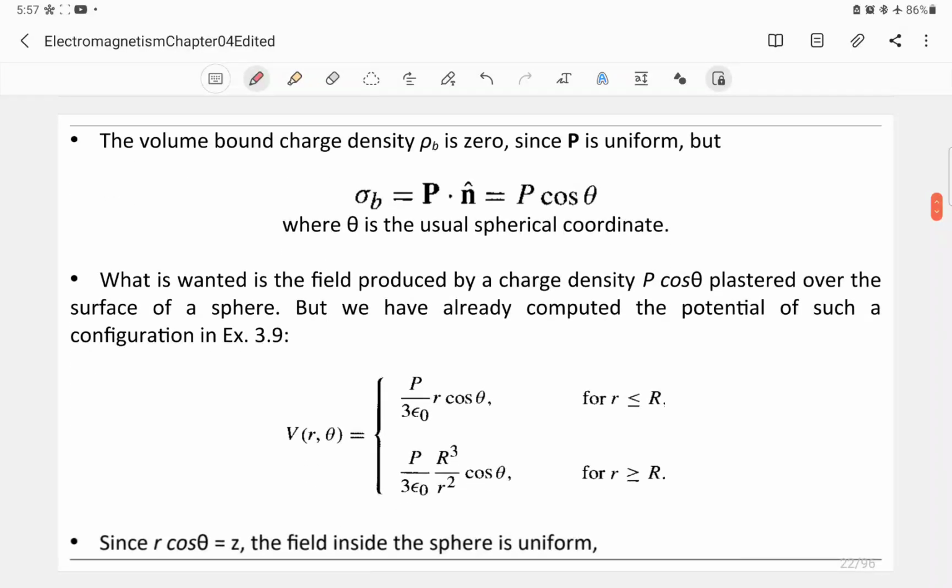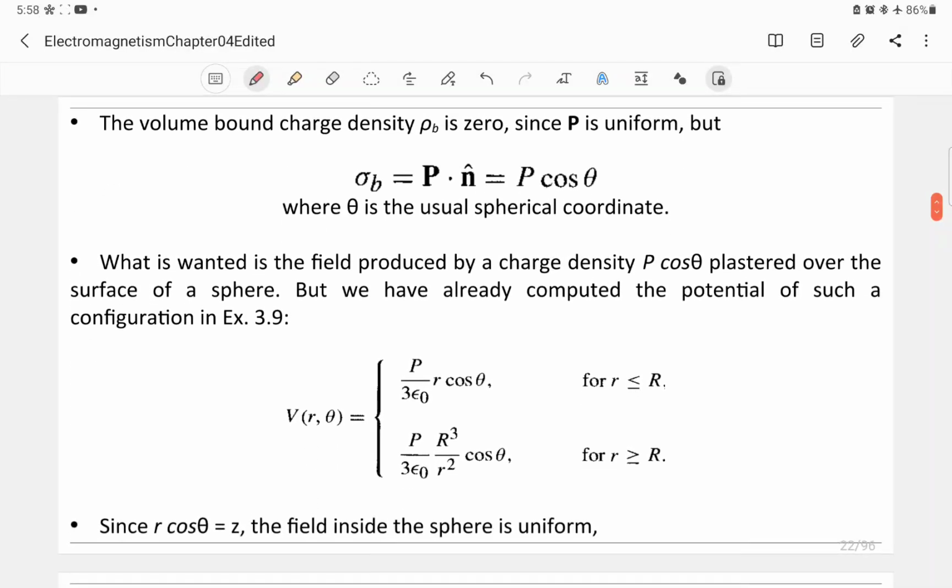If you look at the example in 3.9, this would be just the same as a sphere with surface charge density coated on the surface of the sphere, and so you will have the potential equal to this.